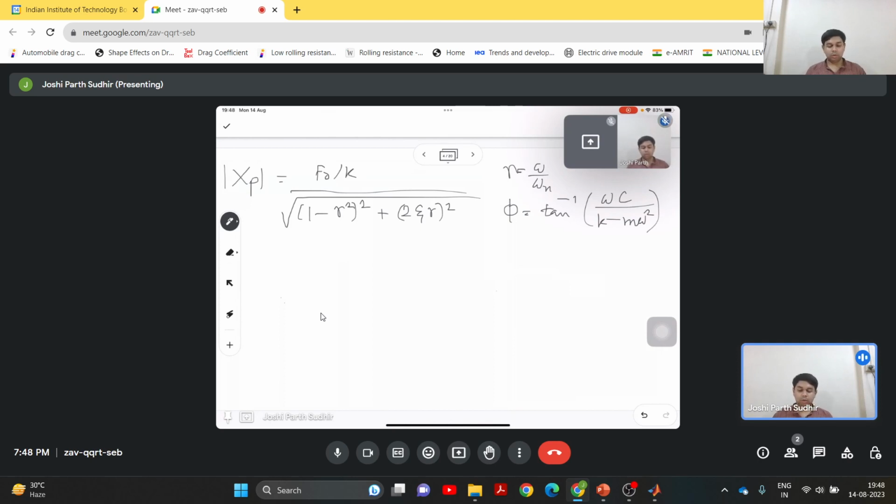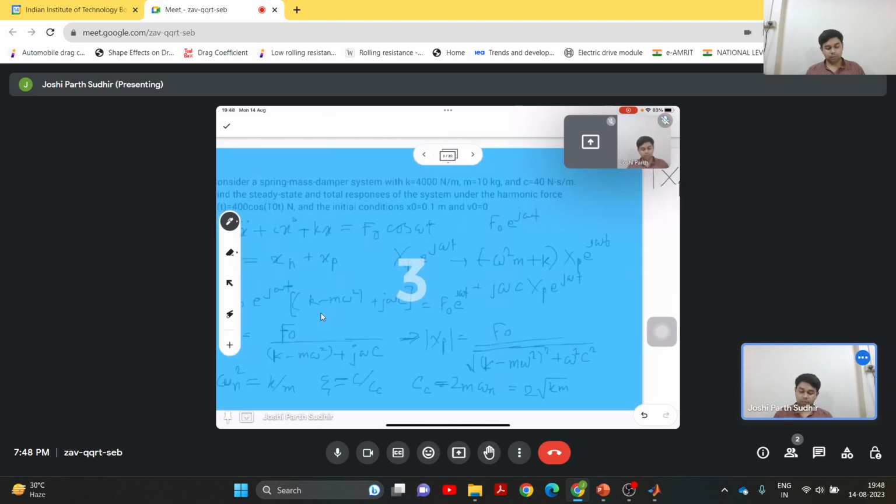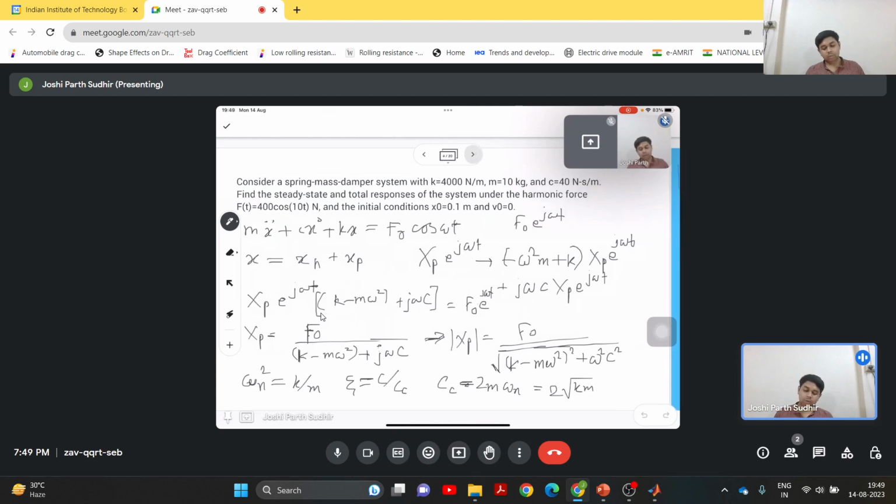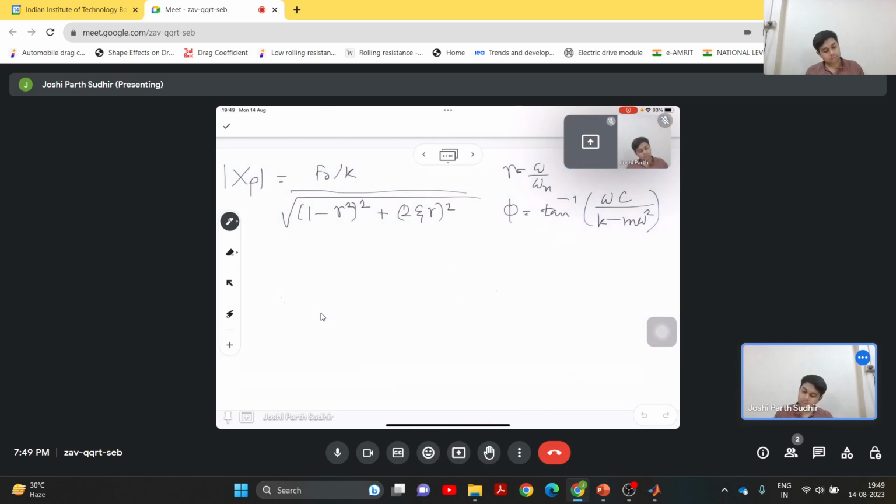So this is how we can write down the particular solution. We can write xp as mod of xp, which has been derived above, into cos of omega t minus phi.